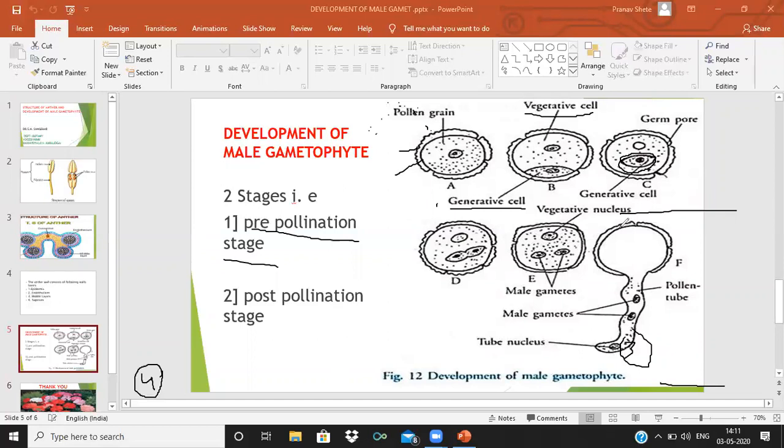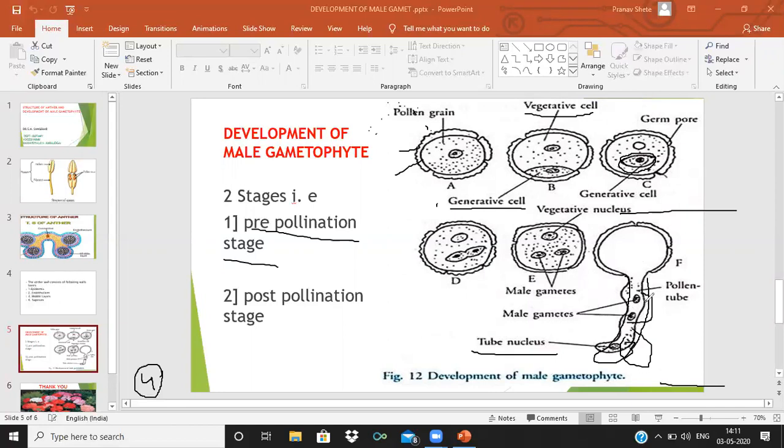Then a small pore is formed in the intine, forming one long tube structure, which contains the tube nucleus or vegetative nucleus. The tube nucleus or vegetative nucleus has no function in fertilization, but the two non-motile male gametes are functional in double fertilization, or in general fertilization. Of these two, any one is functional.